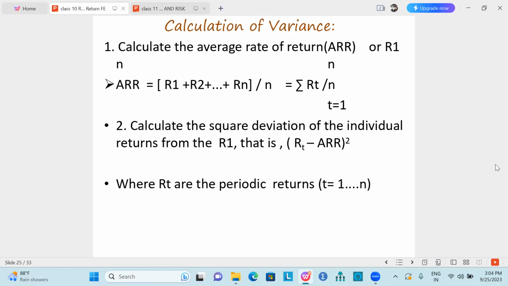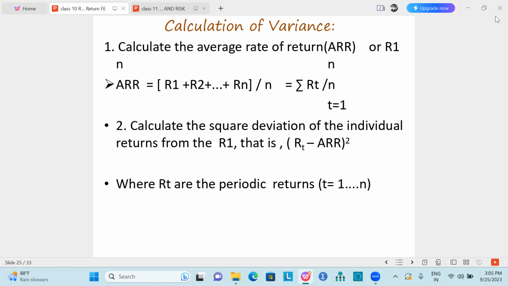Now, how to calculate the variance and standard deviation? From here, you write calculation of variance. So once you write the steps, we'll go to the hands-on session. Okay. So first is calculate the average rate of return, which you have done in the last class.